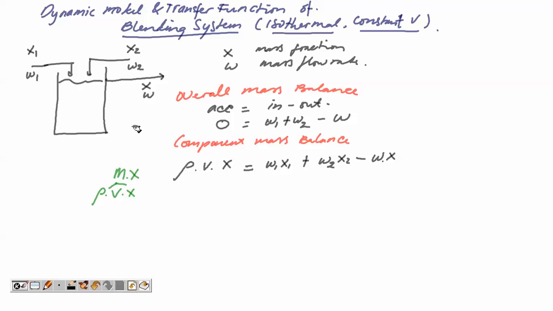Okay, x will vary over time, and the volume V is constant, so the volume can be moved outside the derivative. So now we get the derivative equation here.